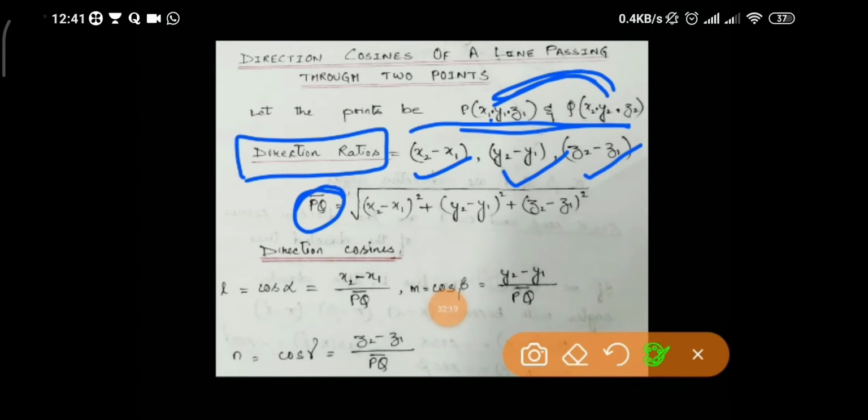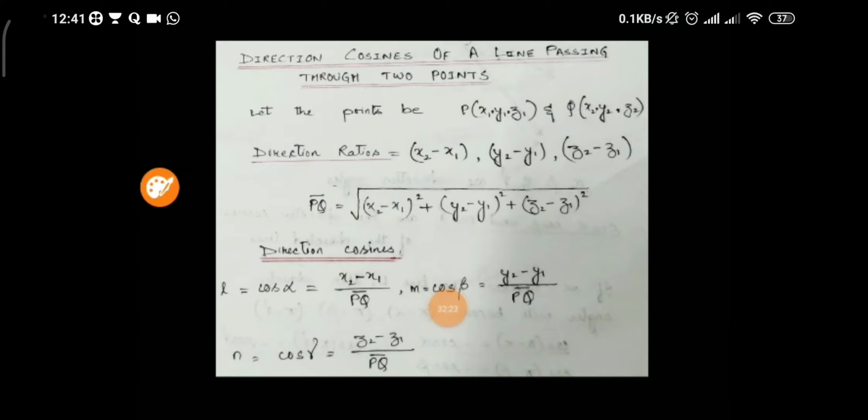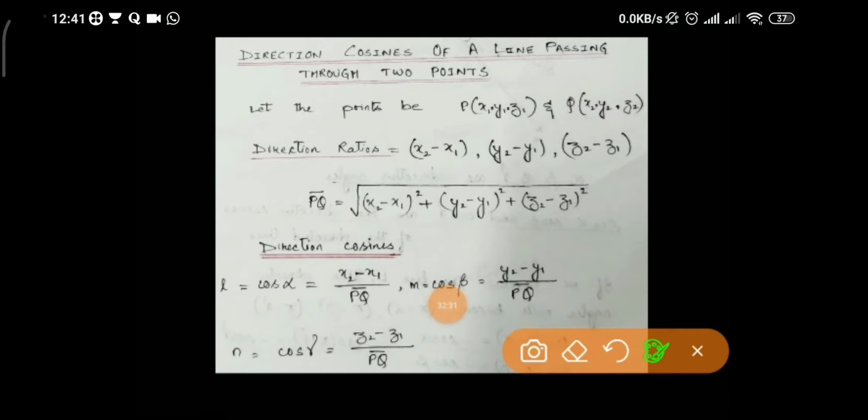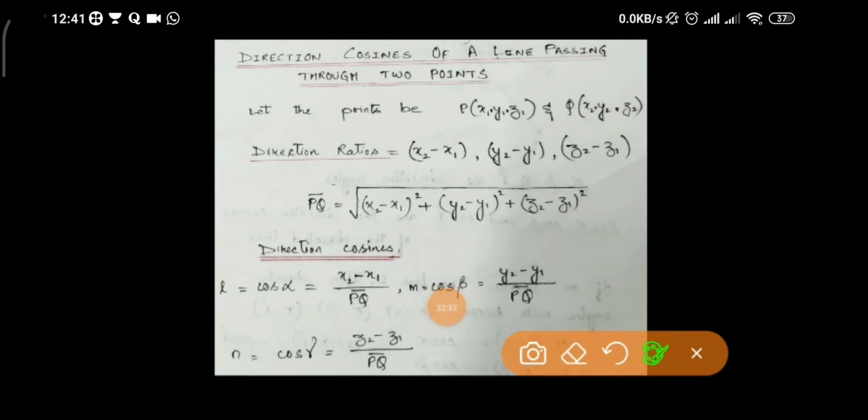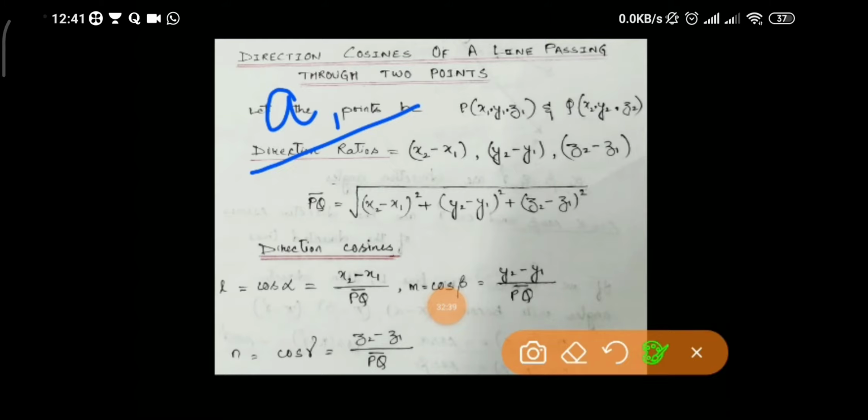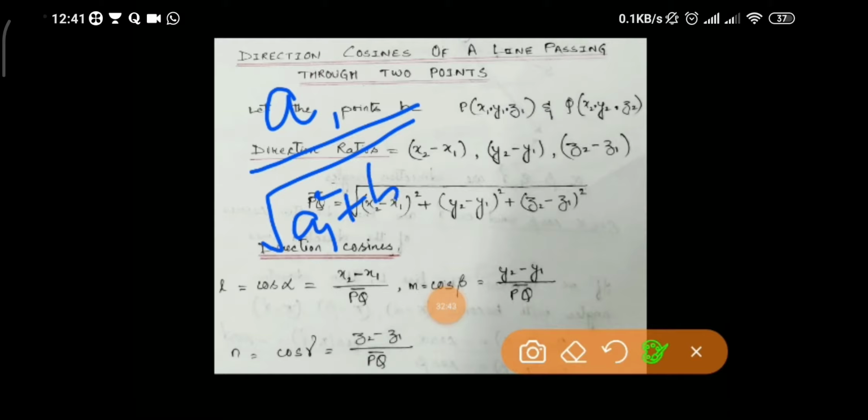So how do we find it? This is the distance formula we will be using. Once you have found the distance between PQ, how did we find it in vectors? We did a1 by square root of a1 square plus b1 square plus c1 square.